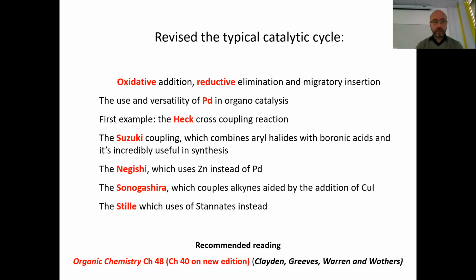We saw different cross-coupling reactions that might be very useful for retrosynthesis too. The Heck is one of them. Suzuki, Negishi, Sonogashira, Stille, you name them. I don't want you to remember all the names, but it will be really nice if, for instance, you use them in retrosynthesis or in forward synthesis.